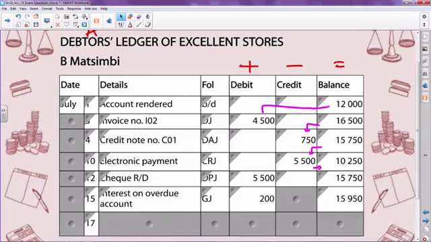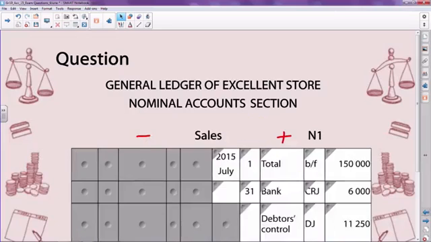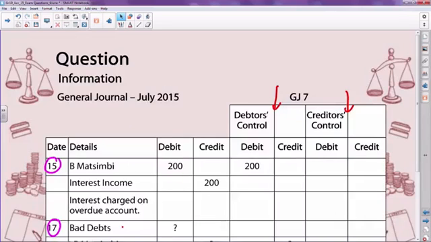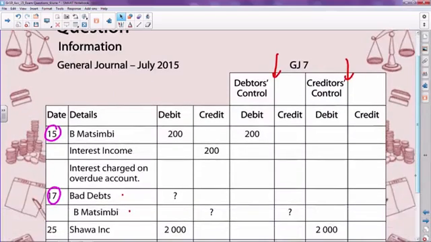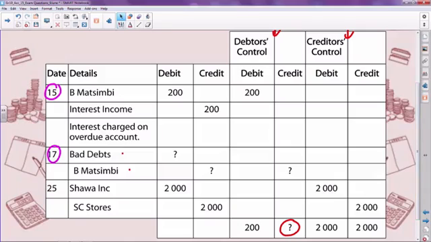So therefore, how much do I need to write off on the 17th? As you can see, I need to write off the total amount, and the total amount will be 15,950. So let's go and fill it into the column in my general journal. There it is. And as you can see, we did charge there as well on the 15th for Matimbi. So again, on this credit column, I now need to put the full amount of 15,750, if I'm not mistaken, on there.